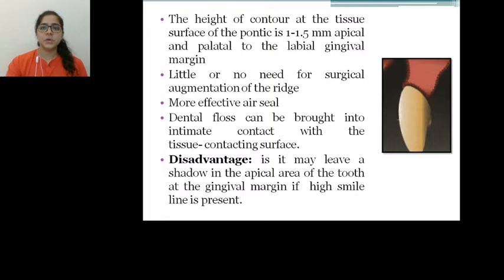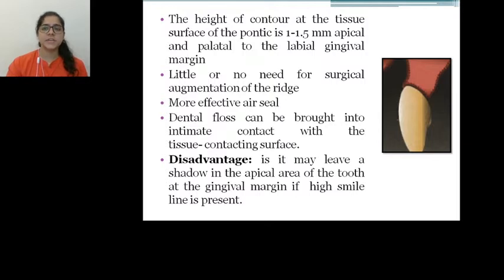The height of contour at the tissue surface of the pontic is 1 to 1.5 mm apical and palatal to the labial surface. So apically inside the socket 1 to 1.5 mm and also labially from the socket. Little or no need for surgical augmentation of the ridge is required.